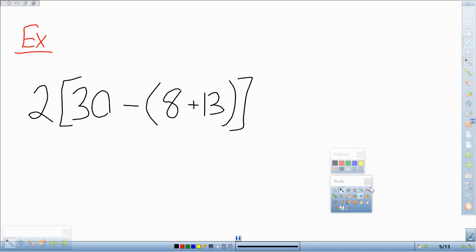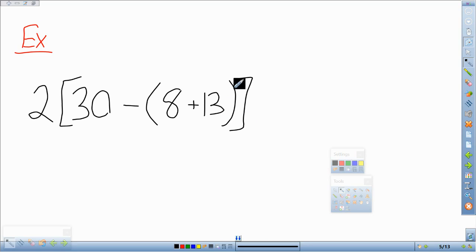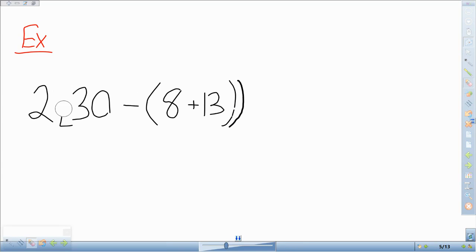Okay, that's a little better. Sorry about that. So pretend instead of brackets, we actually had parentheses here. It would look like this, and it would look like this. That's kind of confusing having a bunch of parentheses side by side. So that's why we use brackets.